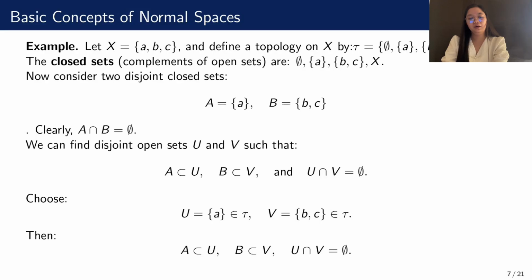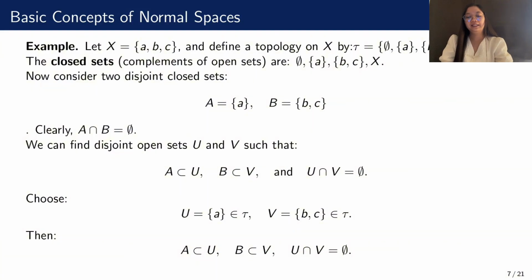So we choose U, an element of the topology, to be equal to A, where A is an element of the open sets. So we know that U is an open set, so we have to find an open set which is a neighborhood of A. So that is A, and then V to be equal to BC, an element of the topology. So we know that BC is open in the topology tau.